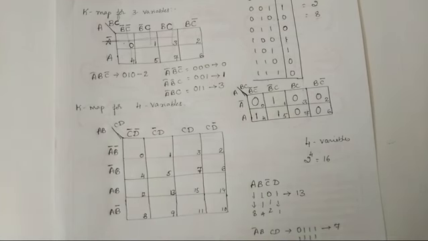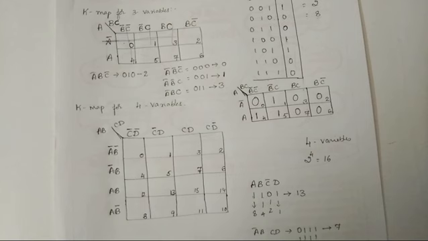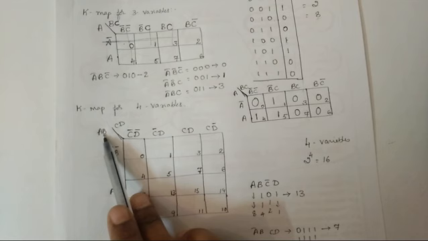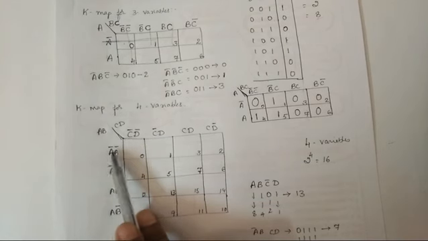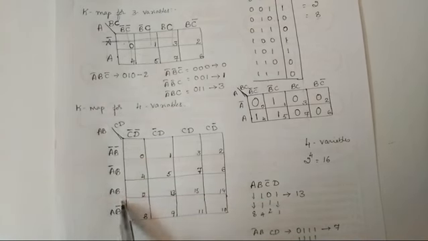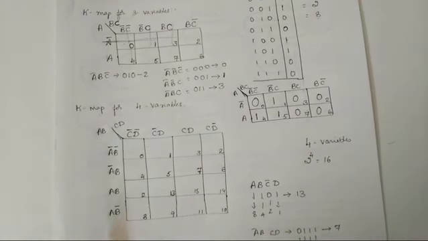I think you have understood this concept, that is how to write the cell numbers and how to write the terms A, B bar, A bar, B bar, A bar, B, AB and AB bar, and why we have to write so.